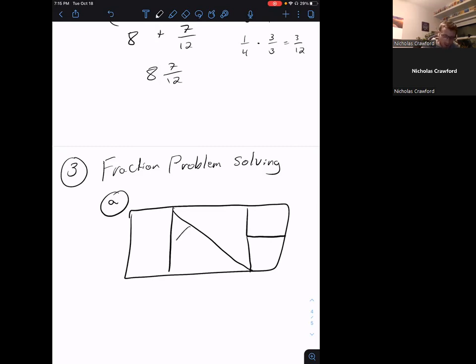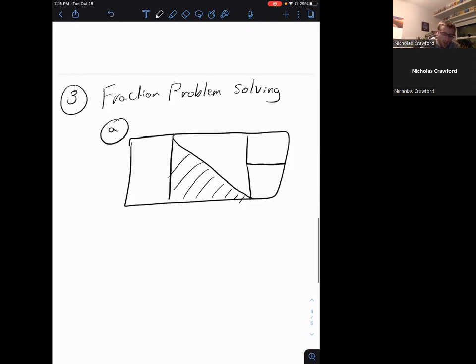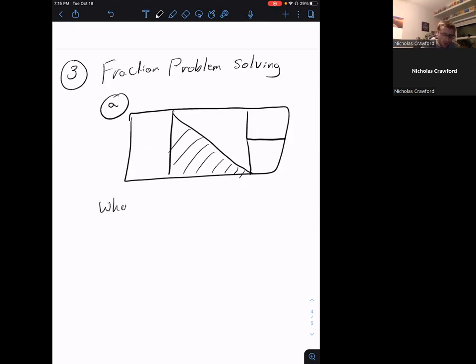And I shade this, okay? And I ask you, okay, what fraction of the box is shaded?